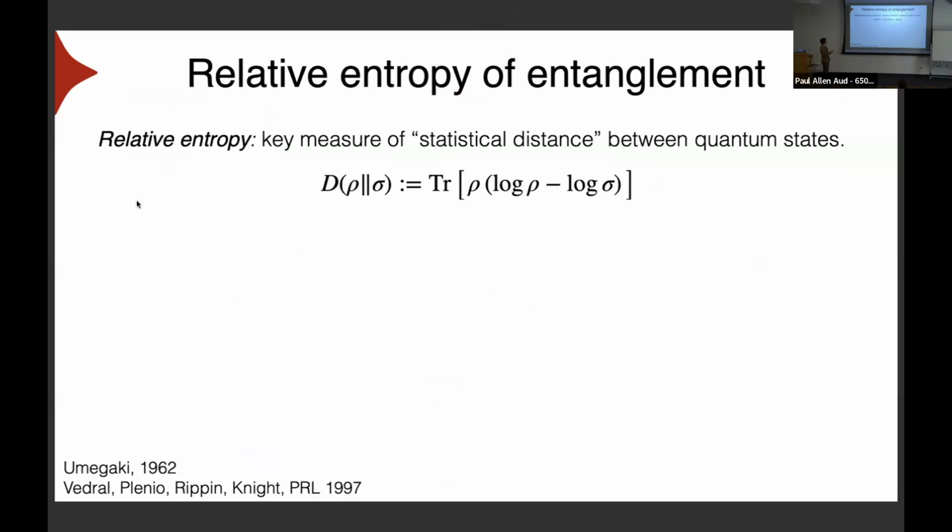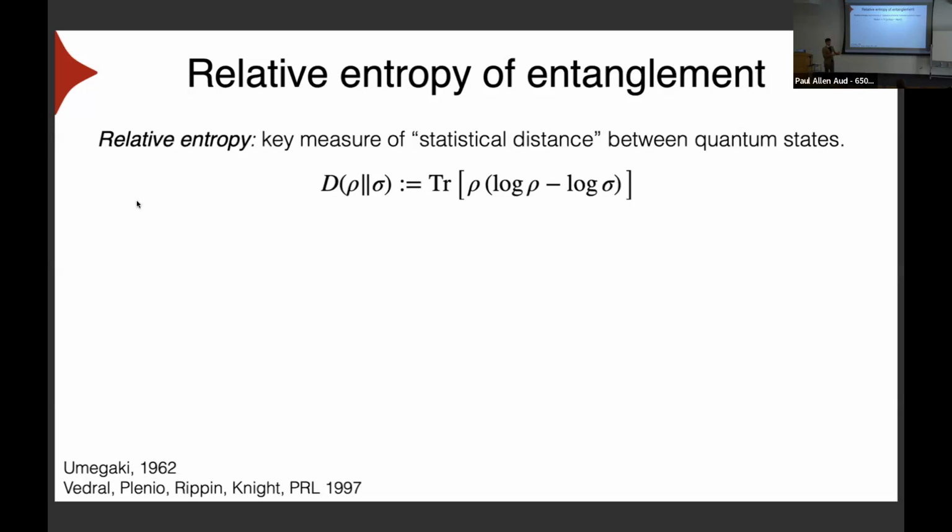And it's defined like this. Given 2 states, you take this weird combination of rho and sigma: you take the difference of the logs and you take the trace against rho. In infinite dimension, this works very well. And so it's a measure of statistical distance between 2 states. In fact, it can be shown that it's always non-negative.